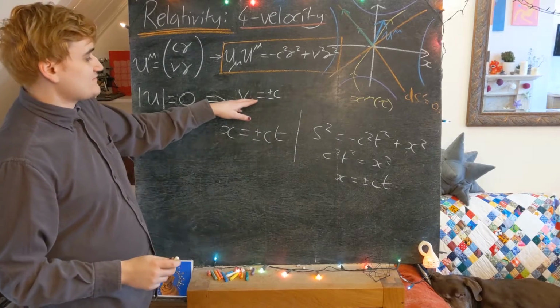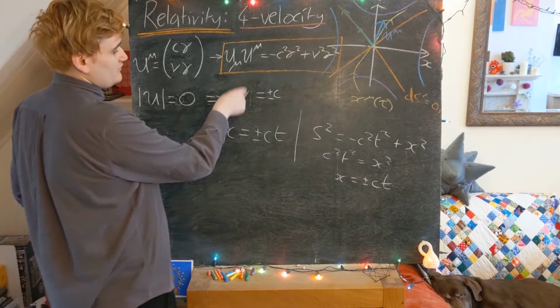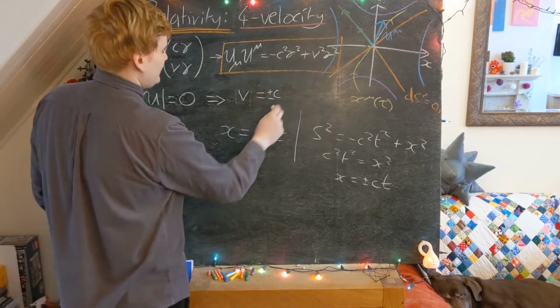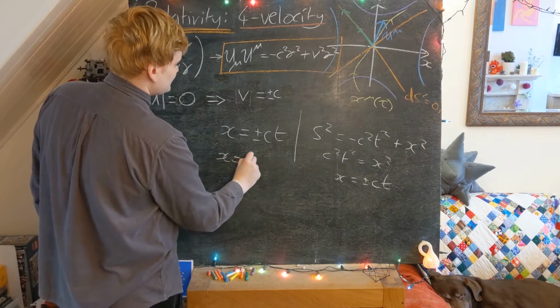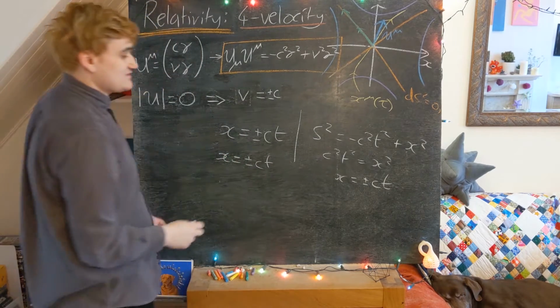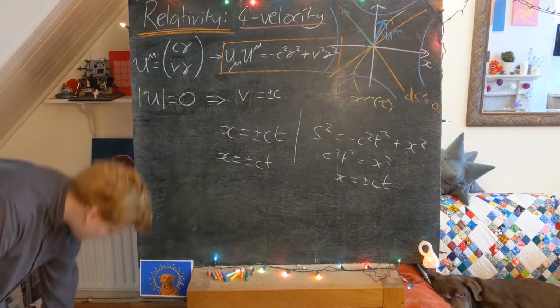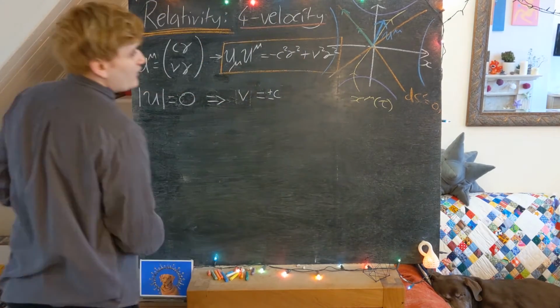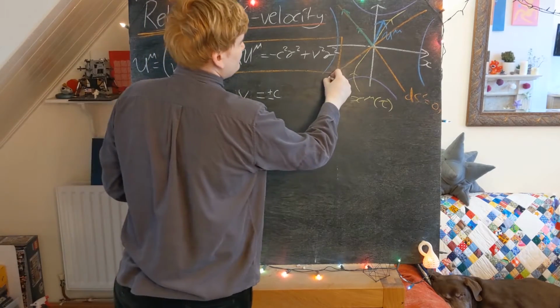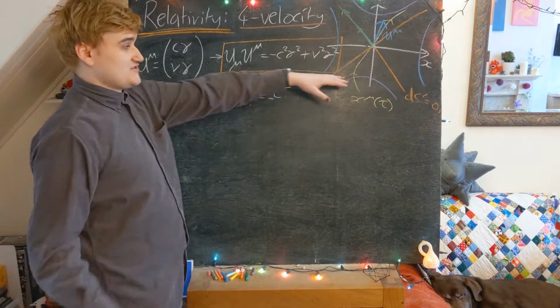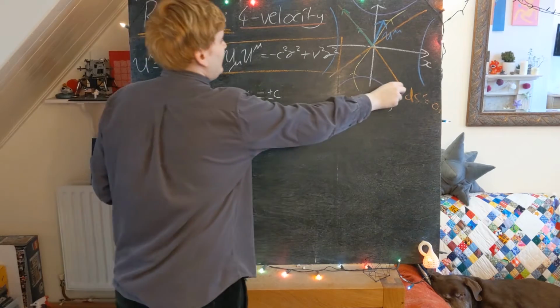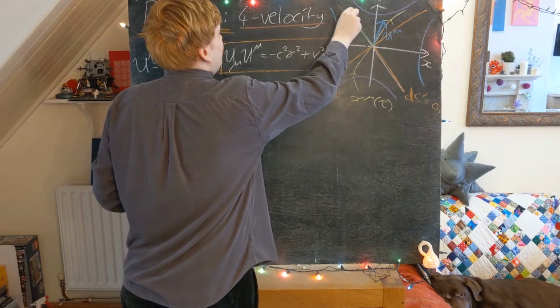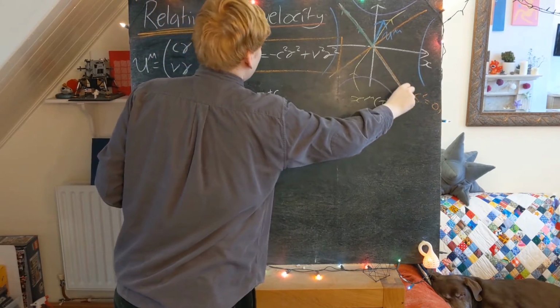But then now here, with this velocity being c, we could just integrate this and find that x is also plus or minus ct. And so what this is now describing is essentially a world line that is just this line, so a world line that is this line that has 0 separation from the origin.